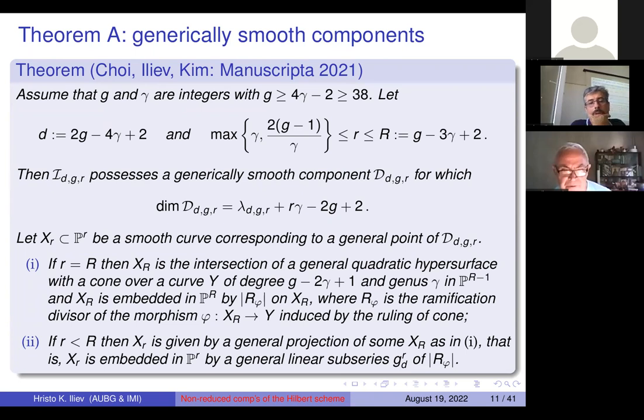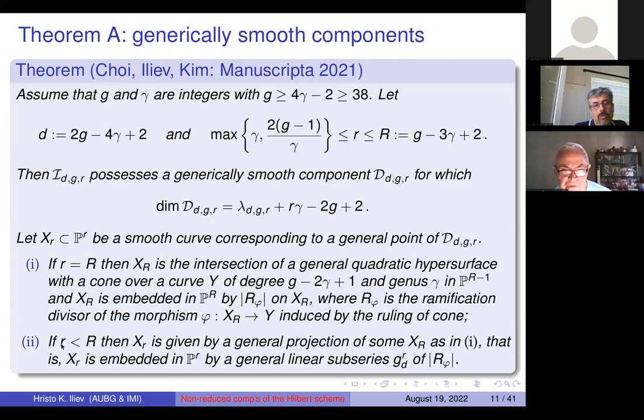and further on, the curves that we have there are again induced, you may say, the embeddings are again induced by the ramification divisor, R phi, of the covering of X to the hyperplane section of the cone.